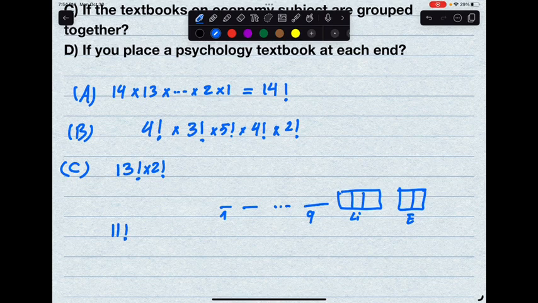So in 11 factorial ways we can arrange these 9 books with these 2 groups of linear algebra and economic books. Then we multiply by 3 factorial to arrange the linear algebra books, and multiply by 2 factorial to arrange the economic books. That is how we can solve it when these subjects are grouped together.